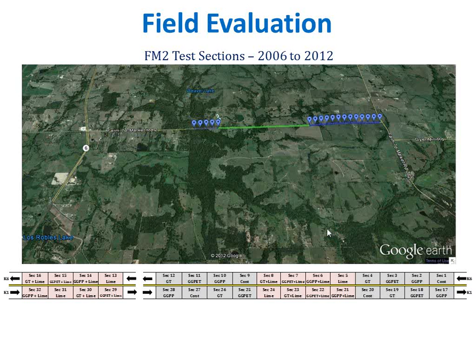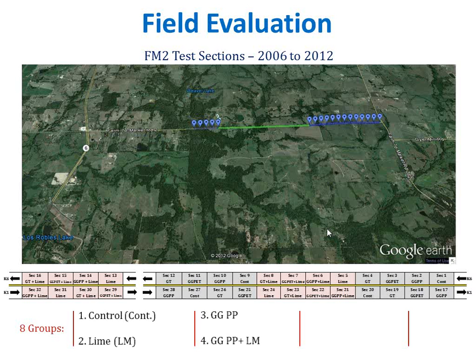And the treatment of choice for expansive clays in Texas is lime. So lime, no lime, geosynthetics, and 4 different types of geosynthetics. 8 groups and 4 repeats of each group, so we have a sampling of 32 sections.